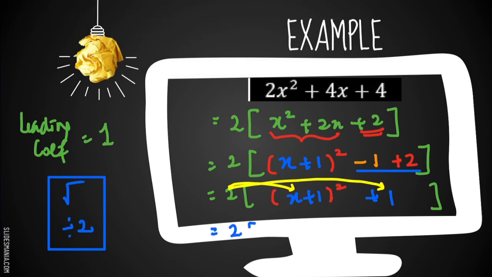Therefore, our final answer is 2 in bracket x plus 1 squared for your completed square. That is your first term, plus the second term is plus 2, because 2 times 1 is equal to 2. So this is your answer for completed square.